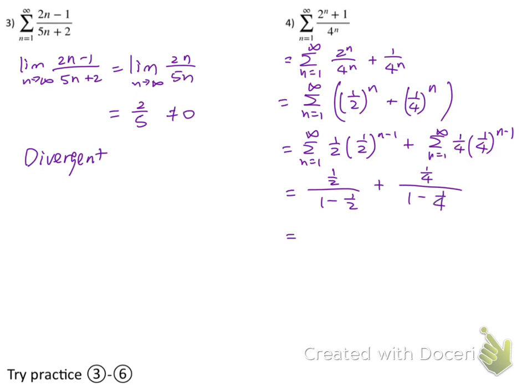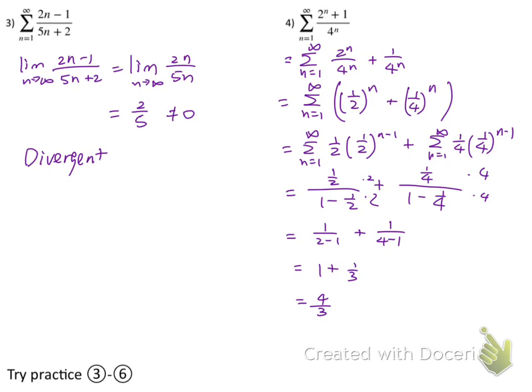And if you work it out, multiply 2 top and bottom, this will be 1/2 over 2 minus 1, plus times 4 top and bottom, 1 over 4 minus 1. So 1 plus 1/3, or 4/3.